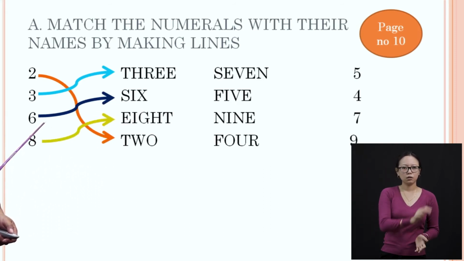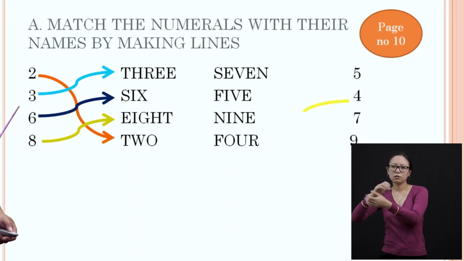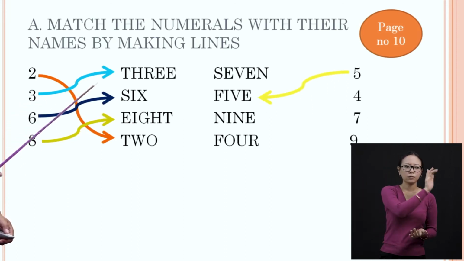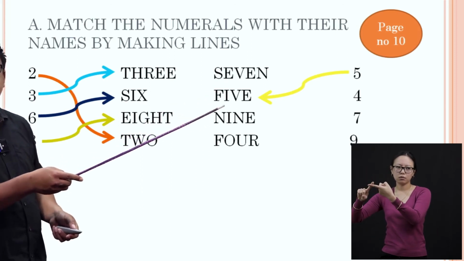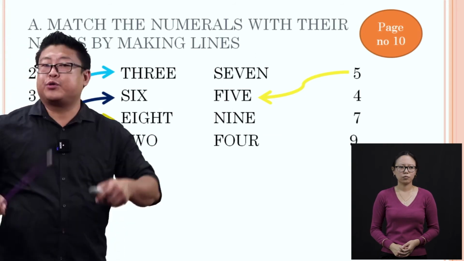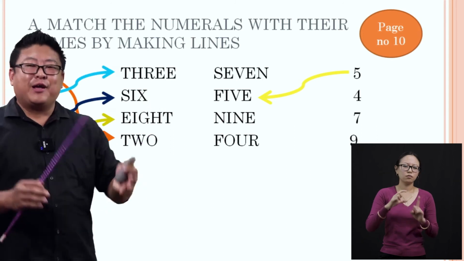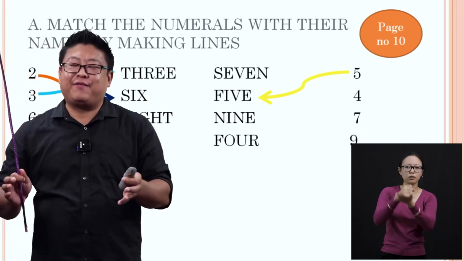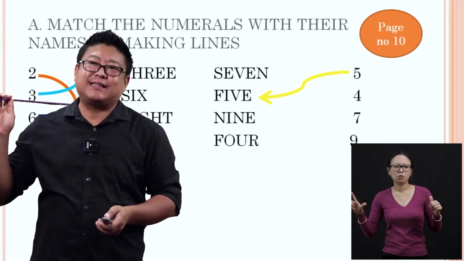And 8, similarly, it is connected in this manner. And 5, we have 5 here. So 5's name is FIVE, and the rest I am going to leave so that you can also try at home. All right. If I do everything here, you may find it very boring. Also, you may want to try it. So please do try the rest at home.